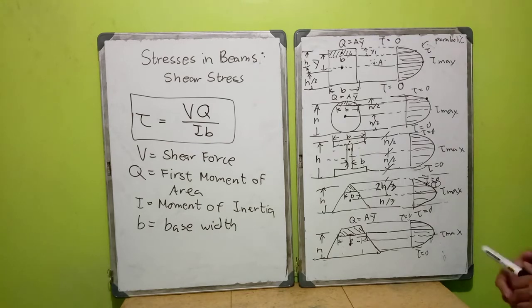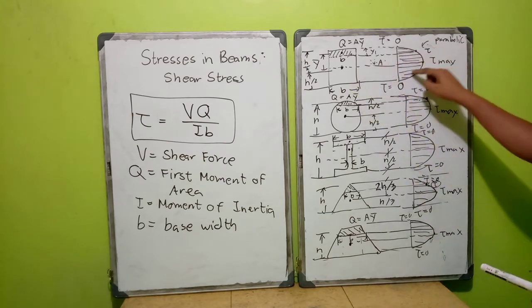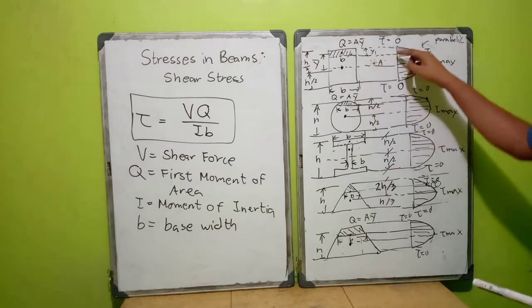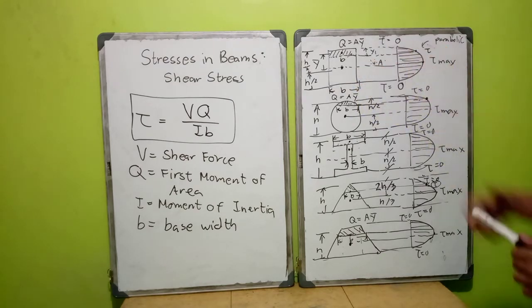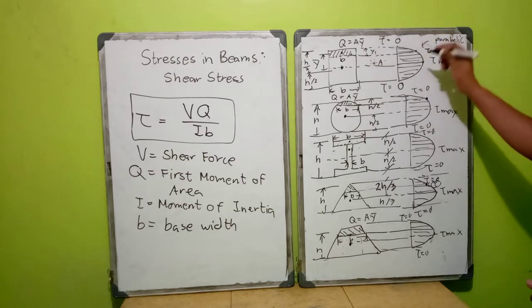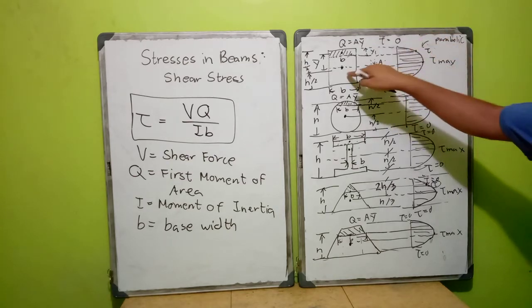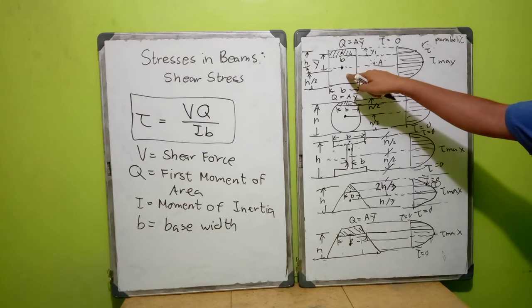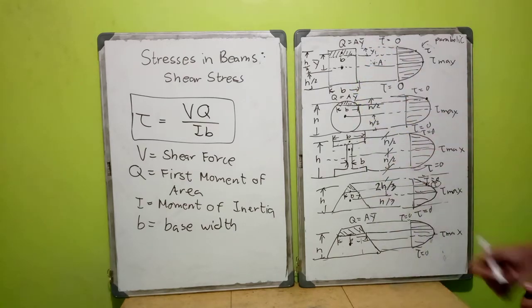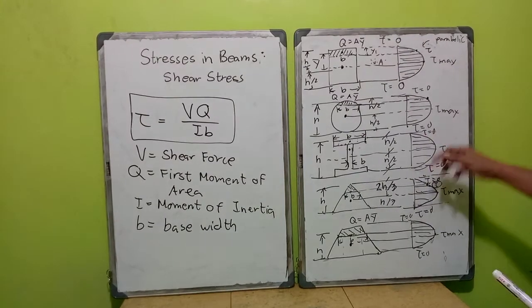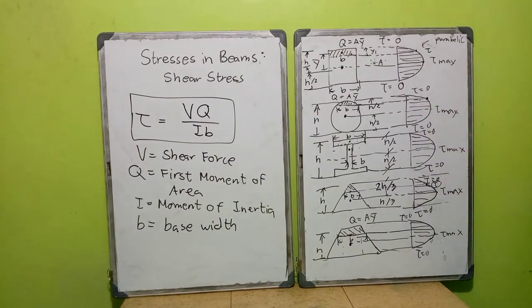I would like to clarify that this stress distribution is only applicable, its shape would be parabolic, if the shape of its cross-sectional area is rectangular. So what about the other shapes? I would like to make some rectifications to this.